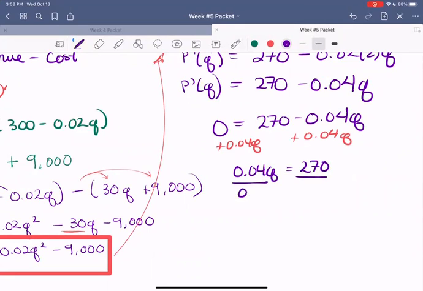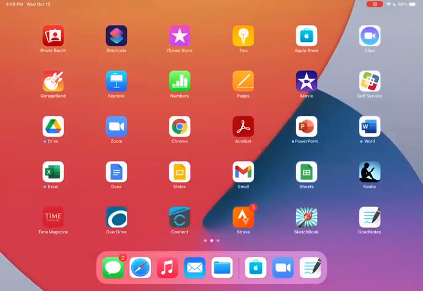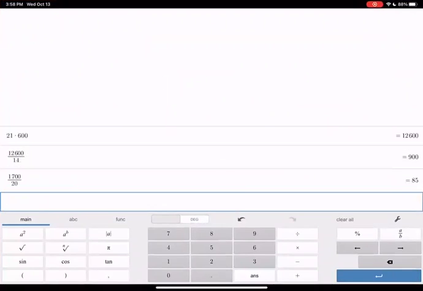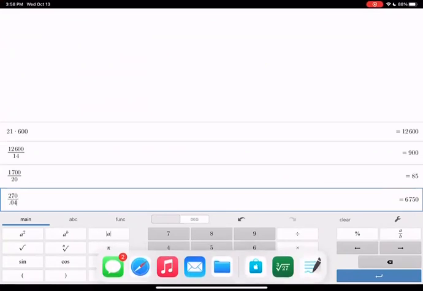So dividing both sides by 0.04, we get Q is equal to that quotient. Let's compute that together. Taking us over to my calculator, 270 divided by 0.04 gives me 6,750.